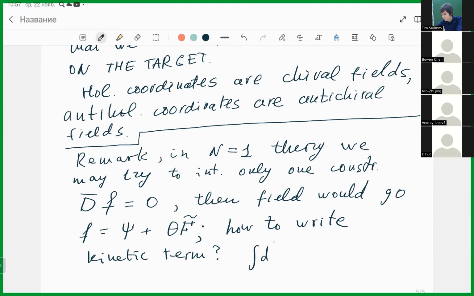So in this case, you may write down the action as a single theta derivative of something, and what you will call W chiral field. You know, probably you are right. So actually, I never tried to do this, but it's a good exercise.